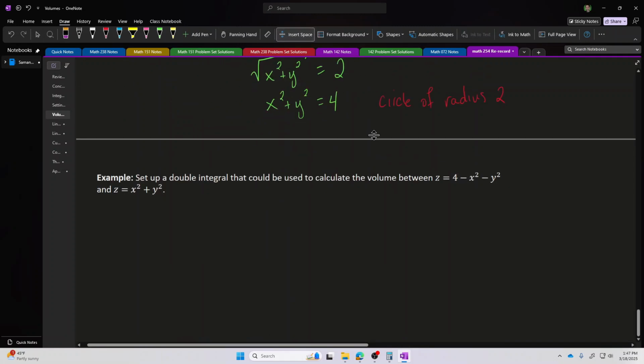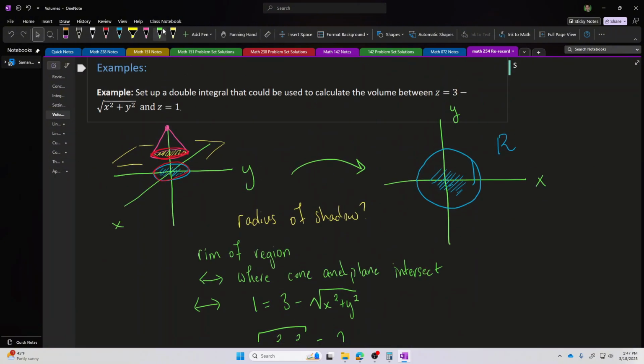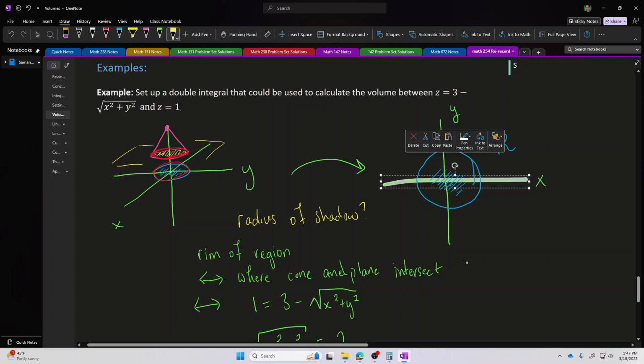So that means my region of integration has as its bottom function the function that corresponds to the lower semicircle of radius 2, y equals the negative square root of 4 minus x squared.